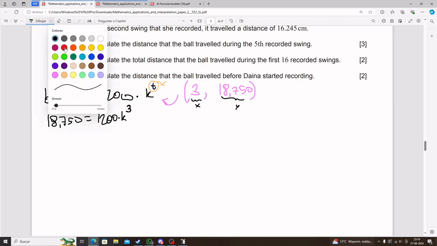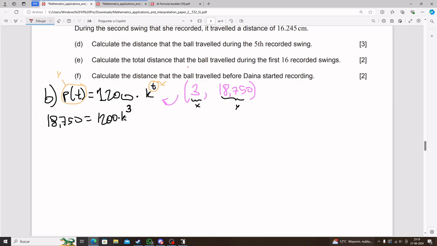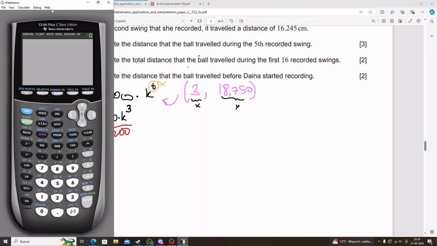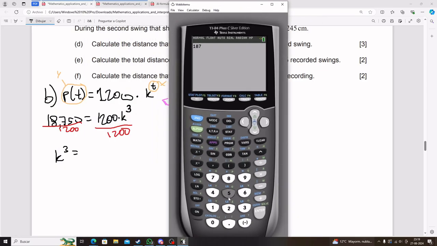So first, get rid of the 1,200. It's multiplying the k, so we will divide by it. That means I end up with k to the power of 3 equals 18,750 divided by 1,200.